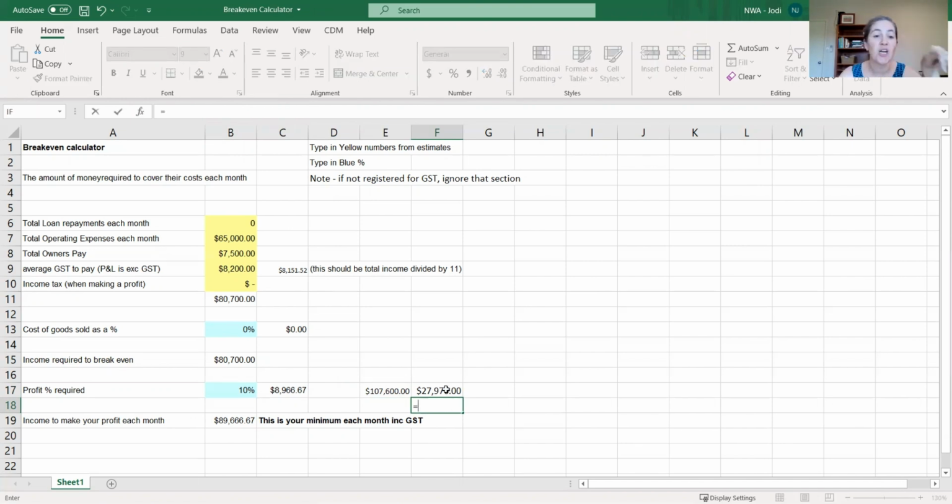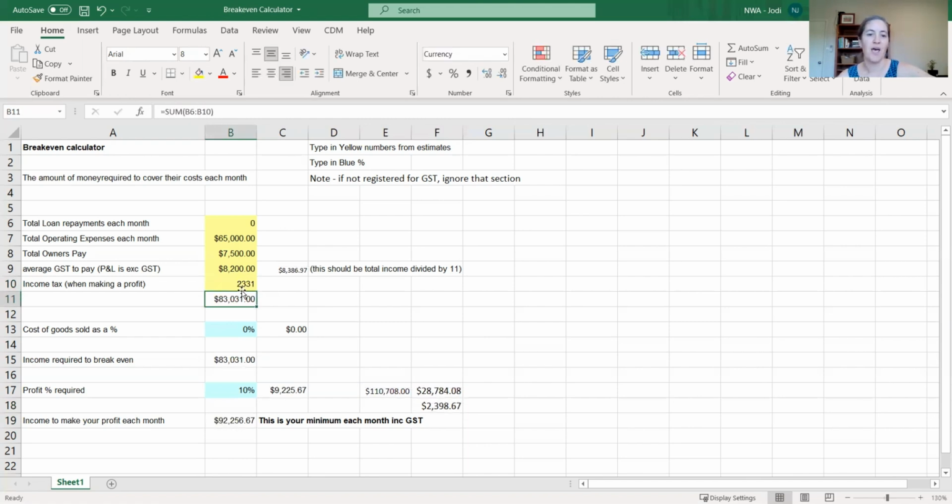And that's fine because you're earning $90,000 every month. Divide that by 12 to get a practical monthly figure, and so we'd want 2,331 as our tax figure. And you can see that by typing this number in here, it changes everything again. So when you want to make more money to cover the tax, the tax goes up.